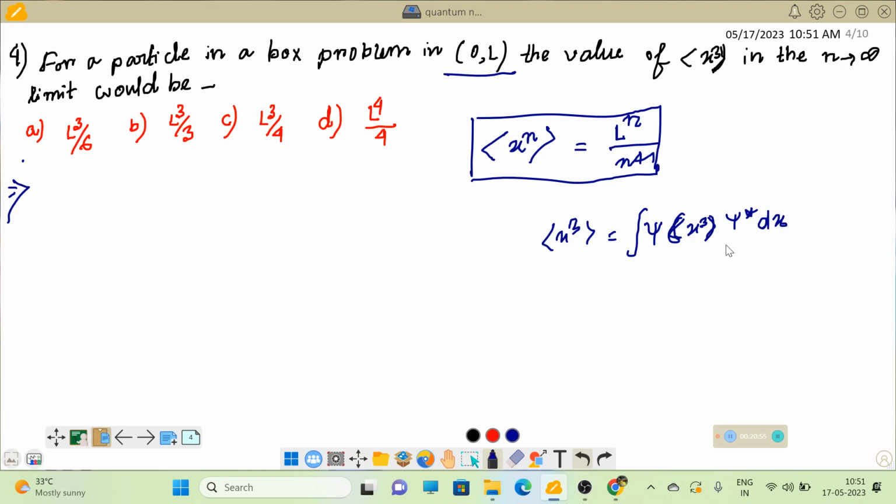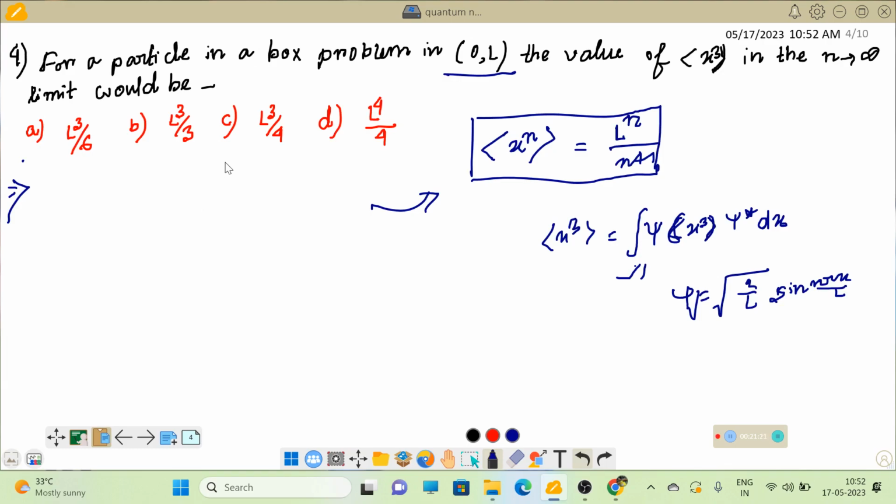And you have to put psi equal to root 2 by L sine n pi x by L, and psi star as well. Then you have to do a long calculation and you will get the answer. So here is a short trick to save your time in the examination hall.